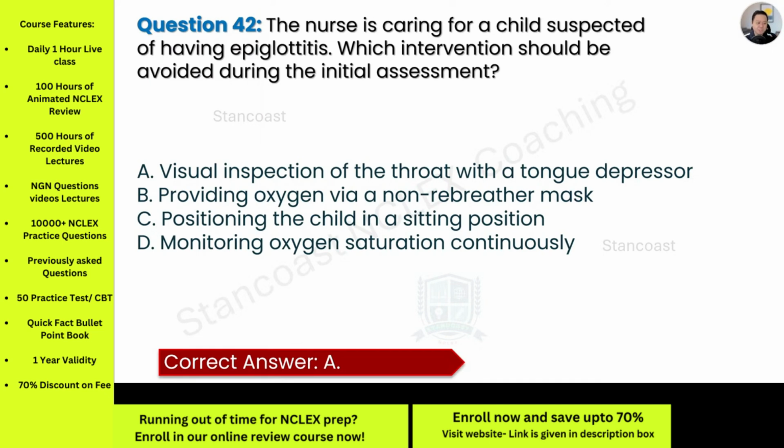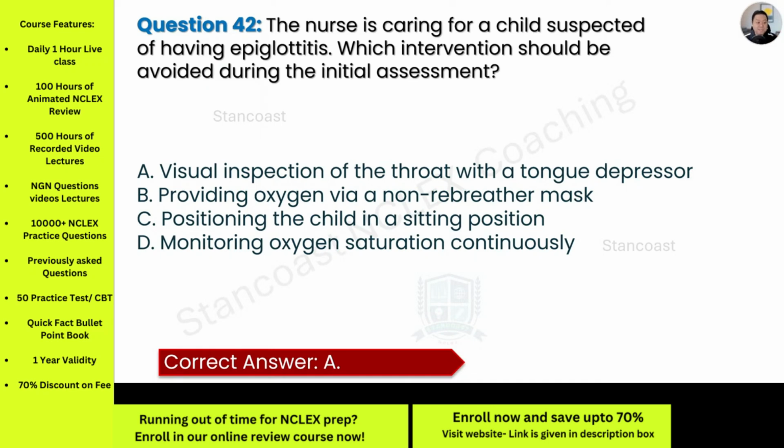Take note about the positioning here in letter C. Upright positioning is recommended because it can maximize the airway patency by using gravity to reduce pressure on the airway, and it will ease the respiratory effort. Now, what you will see in a pediatric patient with epiglottitis is that they assume that tripod position. They will lean over to optimize their breathing.